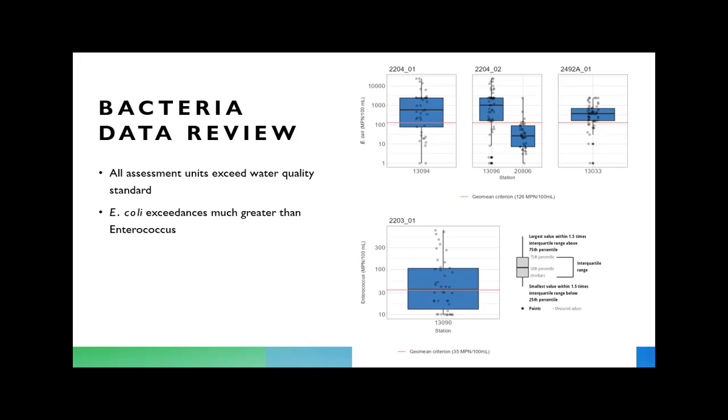You can see that for bacteria, Entero and E. coli, 50% of the data is generally above the allowable level in most situations, all but one really. So it is actually a problem beyond just lip service of saying bacteria is bad. We need to address it. It really is.